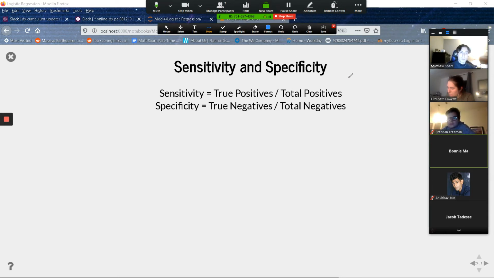In other words, it's your true positives divided by what? What would give you the total number of positives? Definitely true positives, but isn't a false positive actually a negative? Yep.